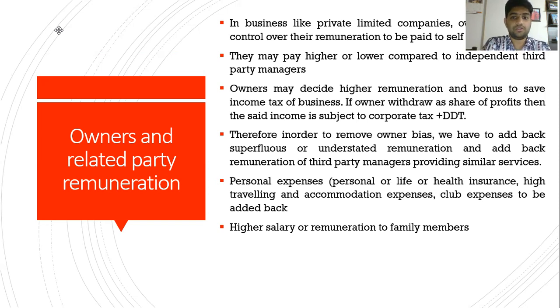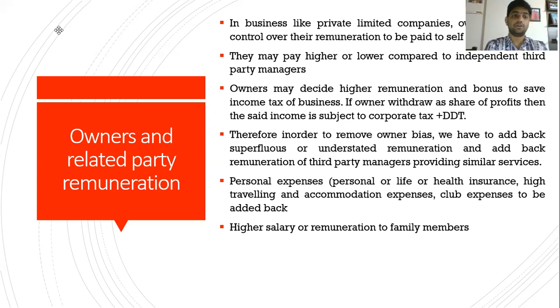Also, in the financials, they may book some personal expenses, say like insurance or club expenses, accommodation expenses. These are technically required to be paid by the promoters from their share of profit, but they will show them for reducing taxation or whatever reason it is.